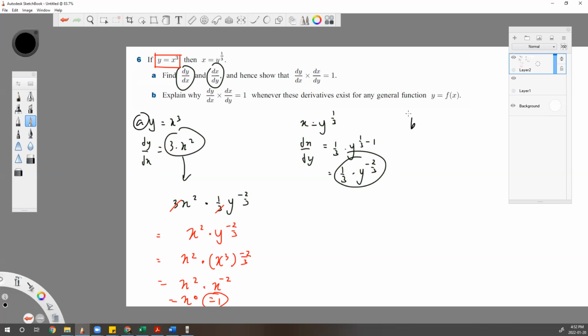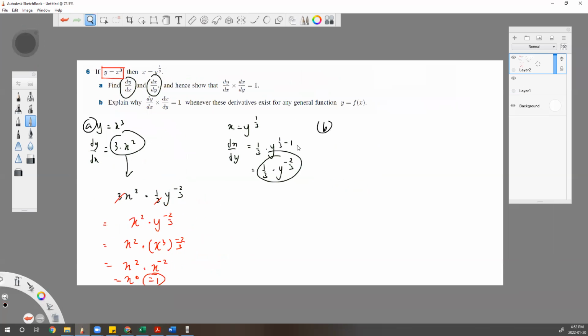B, explain why this holds whenever this derivative exists for any general function, because dy/dx times dx/dy can be easily seen like this. You can cross out top and bottom, and then top and bottom.